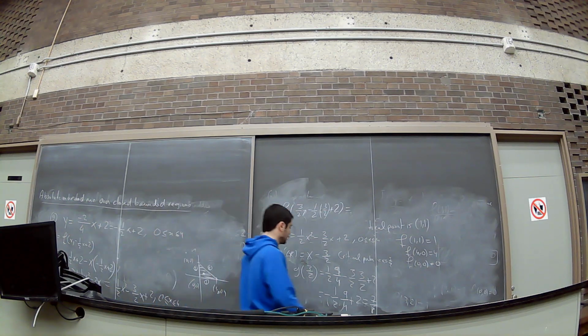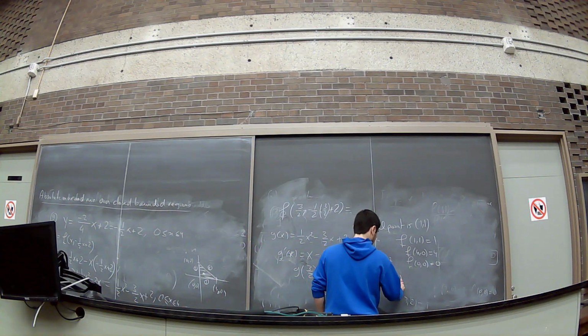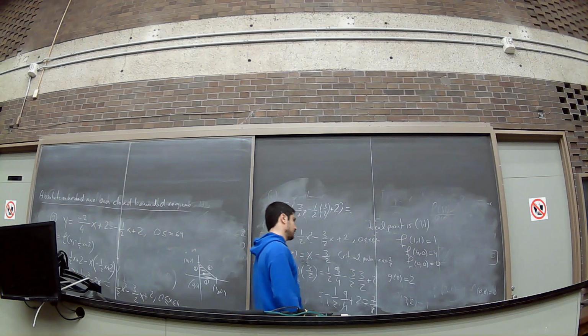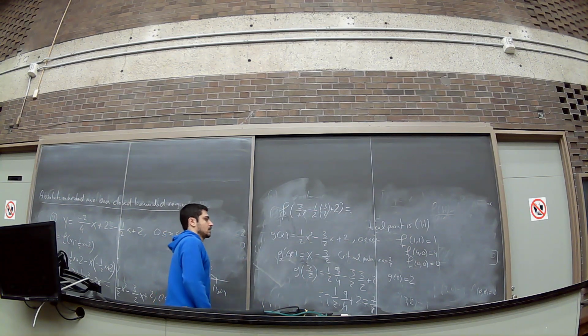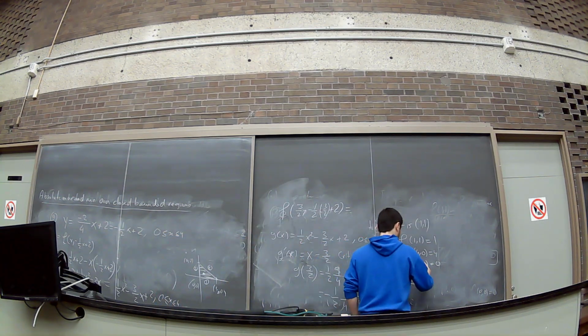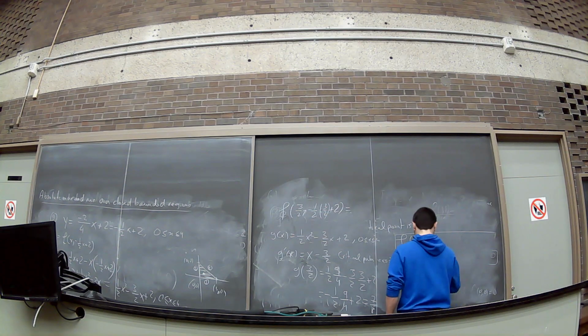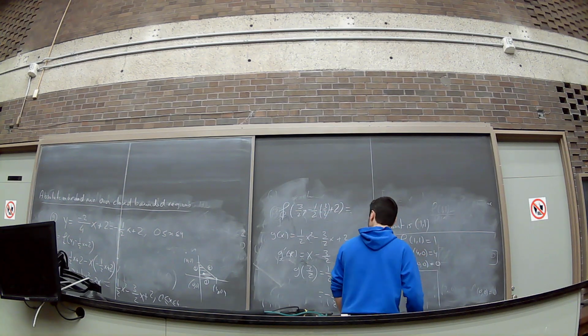Now what is g of 0? g of 0 is 2. Let me put this here. g of 0 is 2.